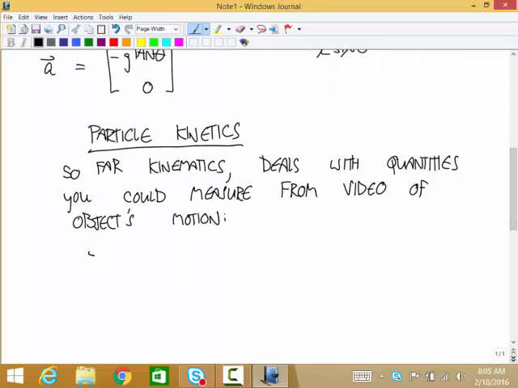Those are time, the position vector, the velocity vector, and the acceleration vector.